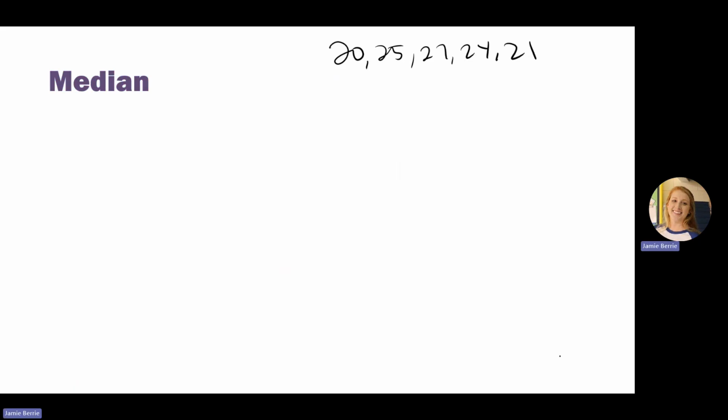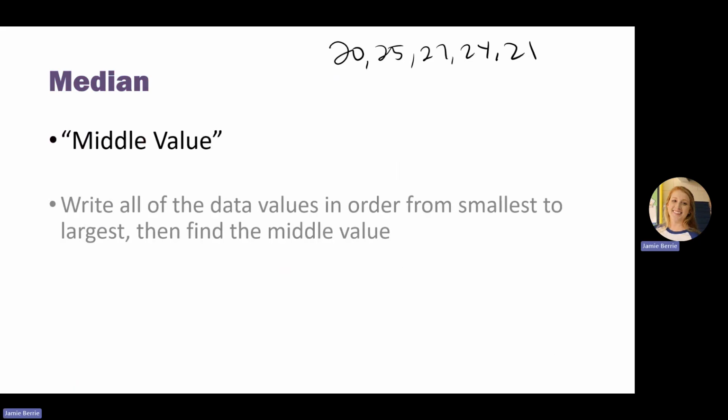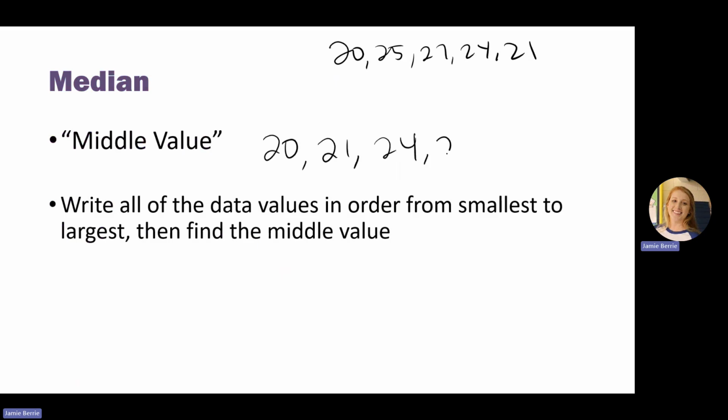In order for us to find the median, we would need to start by writing them in order from smallest to largest. So 20, 21, 24, 25, 27. And then you just slowly, one by one, cross them out. Take one from the left end, one from the right end, one from the left end, one from the right end. And there's your median. 24 would be the median.